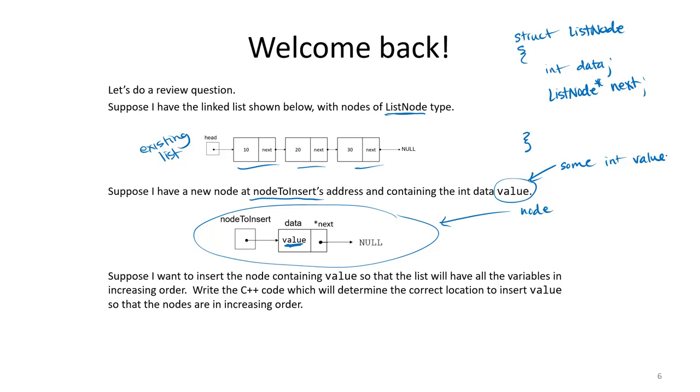So in this example, we want to insert that node containing value so that the list will have all of its data variables in increasing order. We want to write the code which will determine the correct location to insert our node containing value so that the nodes are in increasing order.